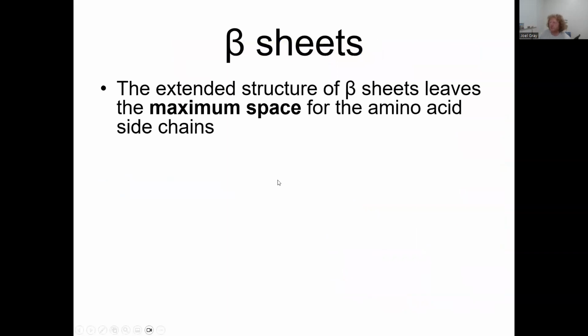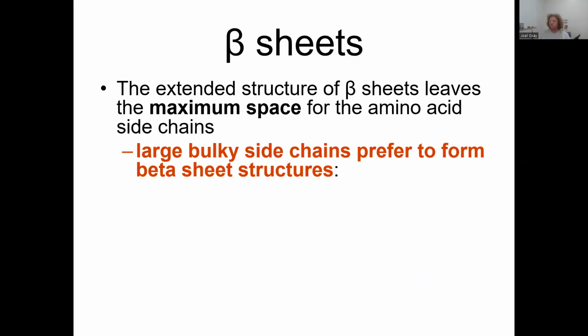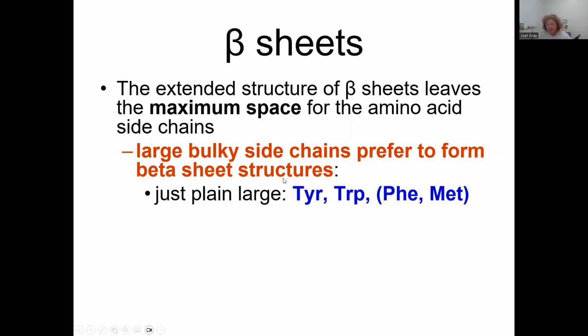Beta sheets: the extended structure of a beta sheet leaves the maximum space for amino acid side chains. So that means large, bulky side chains prefer to form beta sheet structures. So tyrosine, tryptophan, phenylalanine, methionine, those are great.